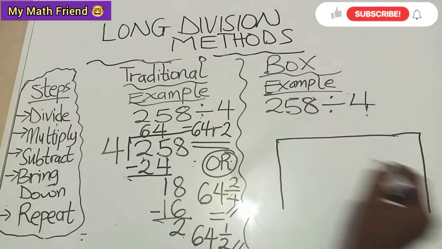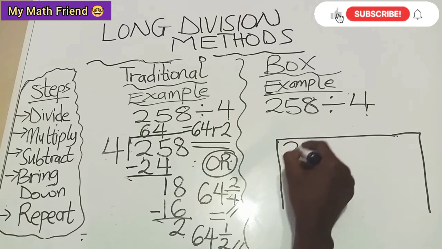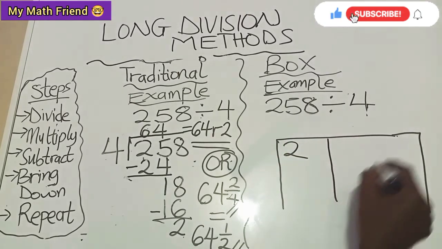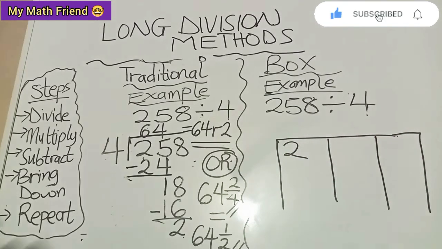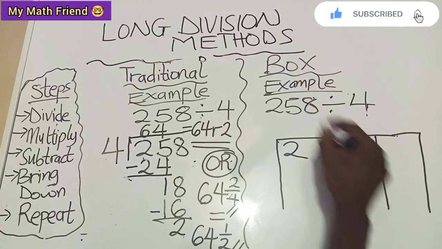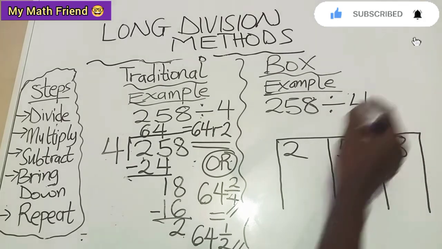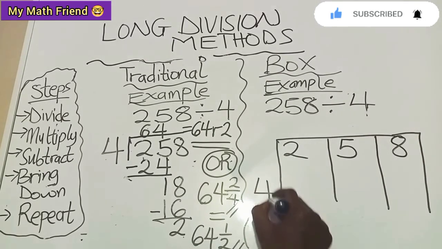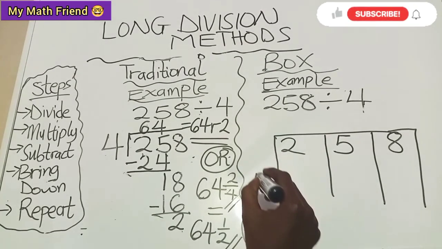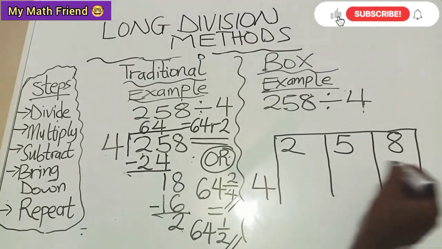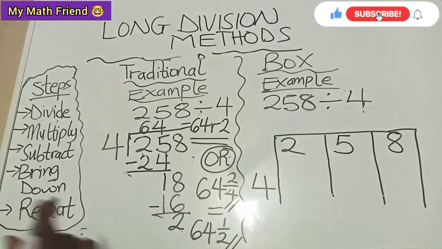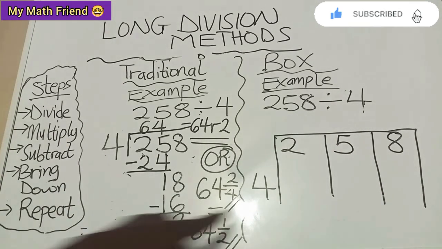You draw a box, and then 2 here, divided into 3 this way. So 5 here, and then 8 over here, and then the 4, so you're going to have one row and then another one, but you don't divide it. You don't rule a line there. Maybe like that. So then we go through the steps.